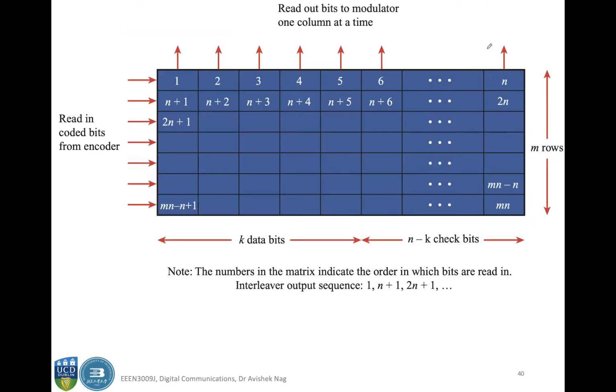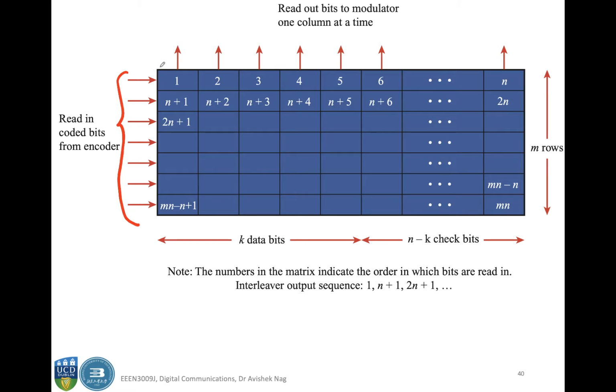So let me go through the concept with this diagram. Let's say your data is read in this way, from this side. Read the encoded bits from the encoder. You can see these are the different blocks here, and it is read out one column at a time.